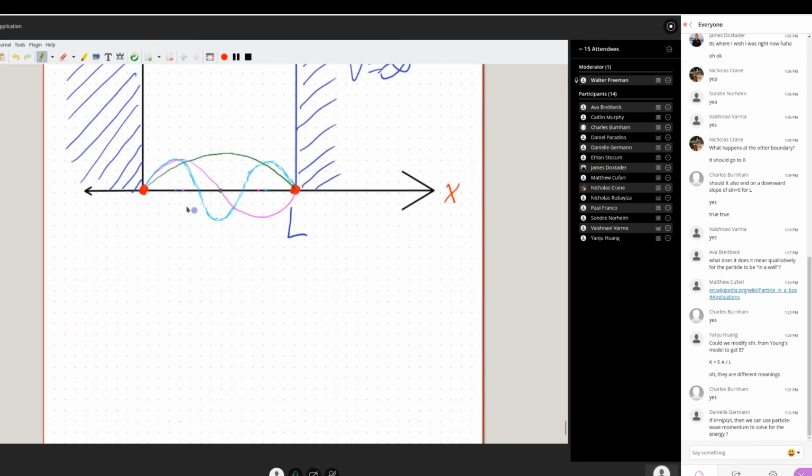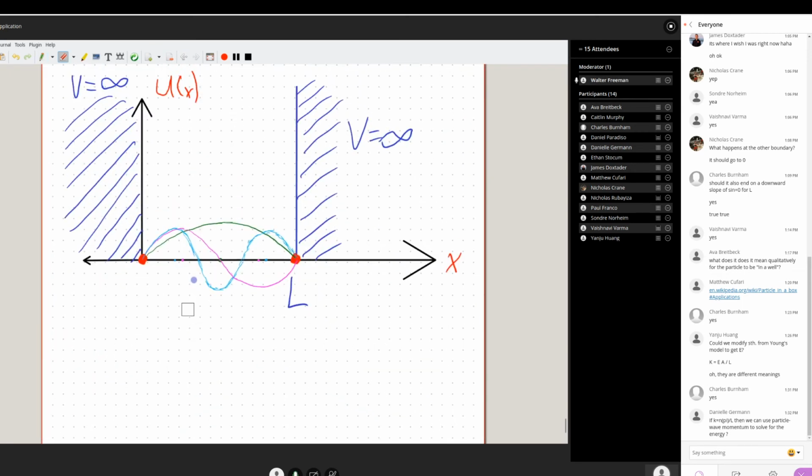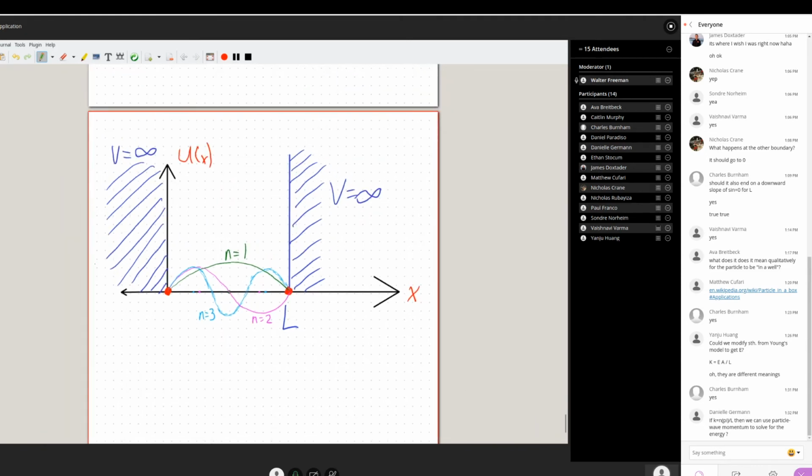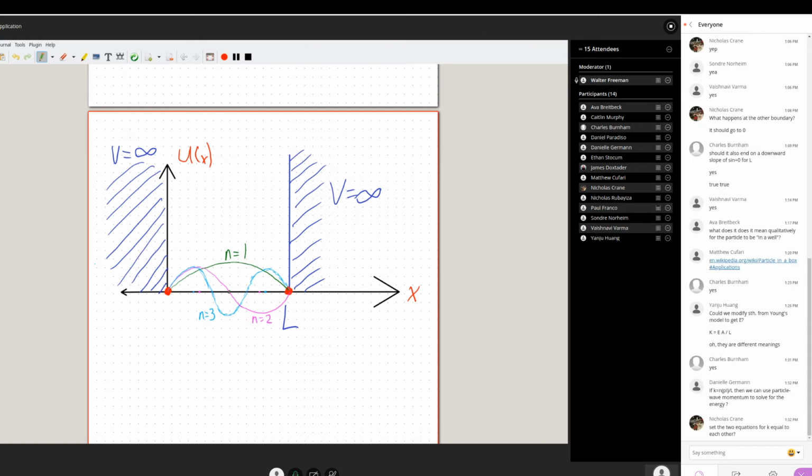So we can identify these various stationary states with a value of n. The one in green is n equals 1, the one in pink is n equals 2, the one in light blue is n equals 3, and so on. Danielle asks, if k equals n pi over L, then we can use particle wave momentum to solve for the energy.